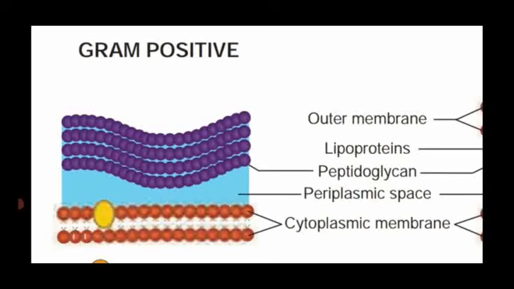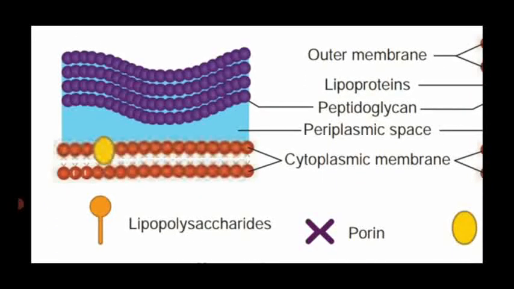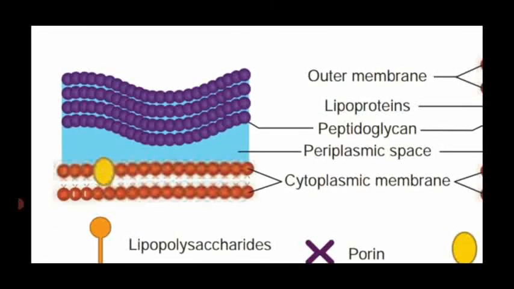Inner to the cell wall, periplasmic space and a cytoplasmic membrane or plasma membrane. Then lipopolysaccharide. So what is the lipopolysaccharide? The plasma membrane is made up of a chemical substance called lipoprotein, we said, isn't it? That is said to be lipopolysaccharide, which is present in gram-negative bacteria.